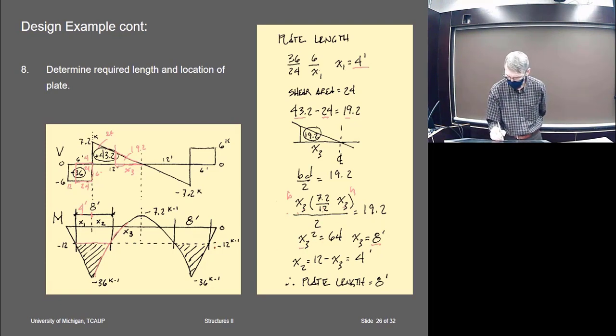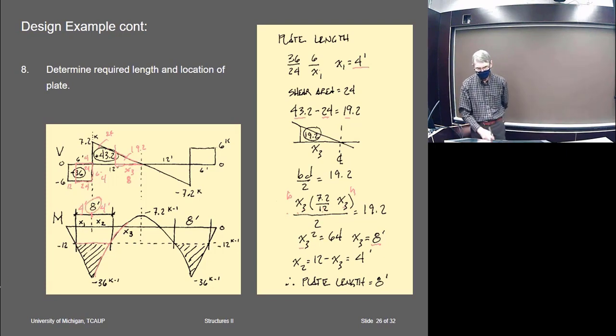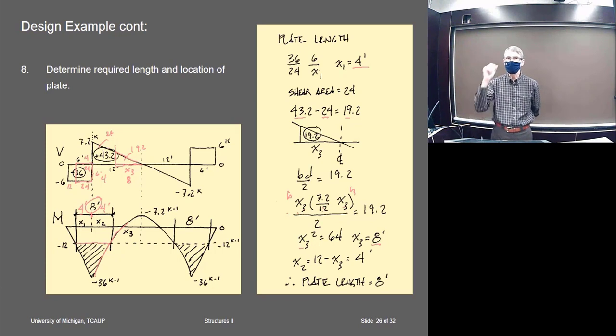So that would be 8, and this is 12, so this must be 4. So that's 4. So 4 foot and 4 foot, that's where that 8 comes from. So, it's just a matter of finding the dimensions of it.